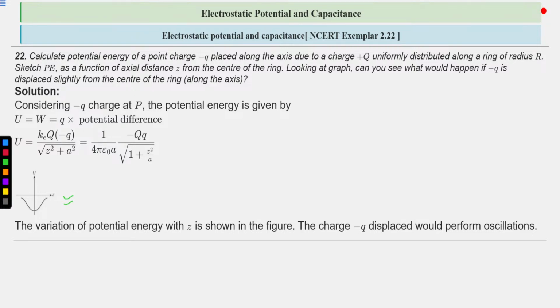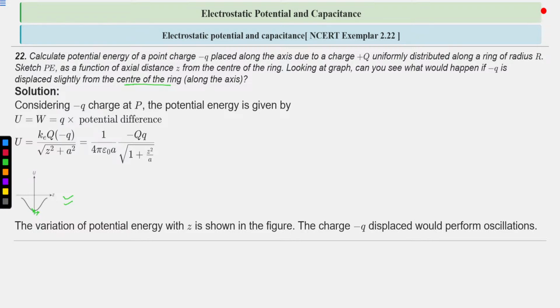Why? Suppose the charge is at the center of the ring. If we displace the charge from the center of the ring along the axis, at the center of the ring the charge will have the minimum potential energy, the most negative potential energy. So it is in stable equilibrium. If we displace it through a small displacement in this direction, its potential energy increases in the positive direction.